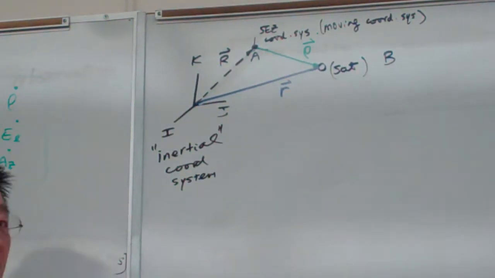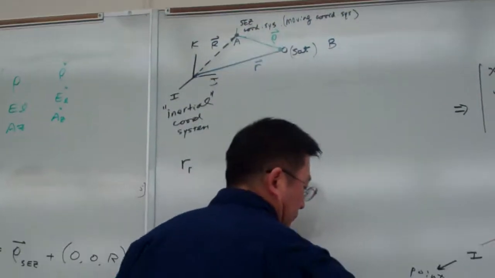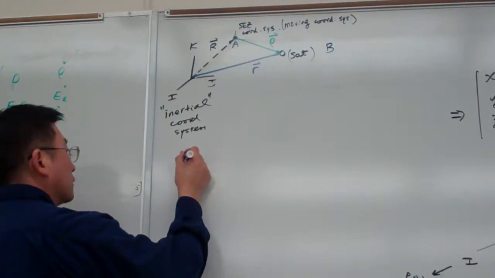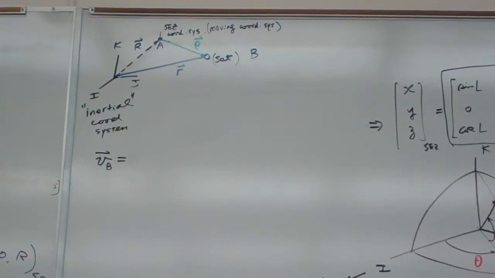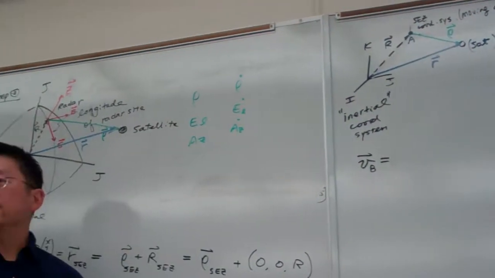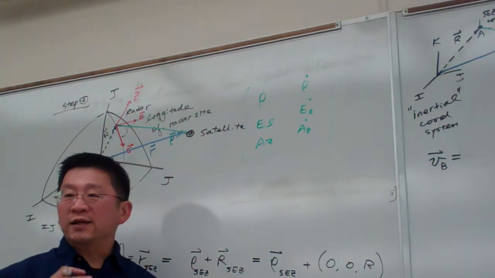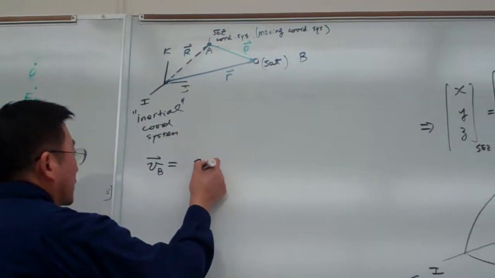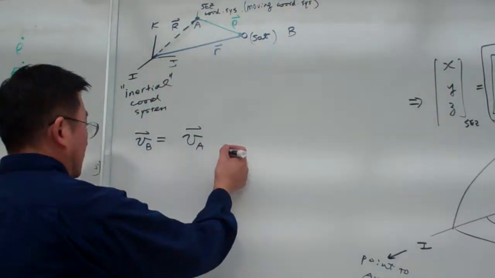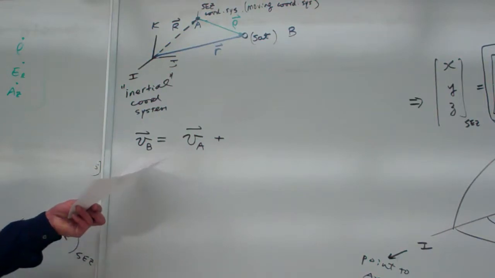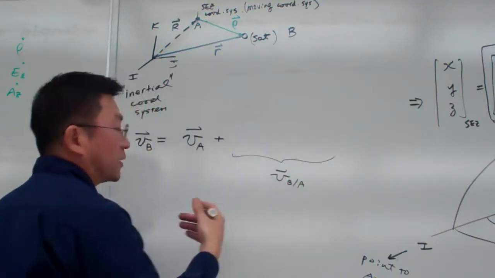If you can recall the dynamics you learned before, the velocity at point B involves a moving frame and the measurement of something from the moving frame relative to the fixed frame. Let me rewrite the equation here. That is equal to VA plus velocity of B relative to A. That's the concept.